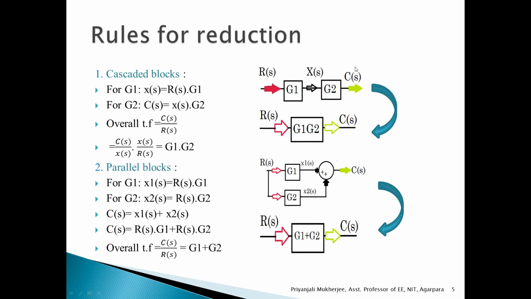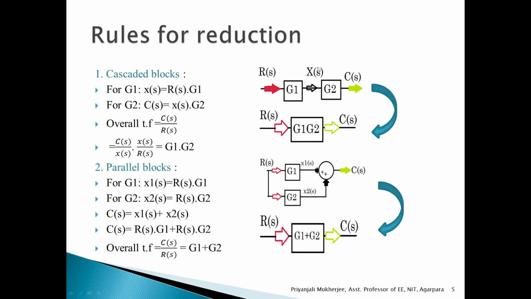If the cascade blocks with transfer functions G1 and G2 are there, then they can be replaced by a single block with a transfer function equal to the product of the two transfer functions of each block. So C(s) by R(s) will be G1 into G2.